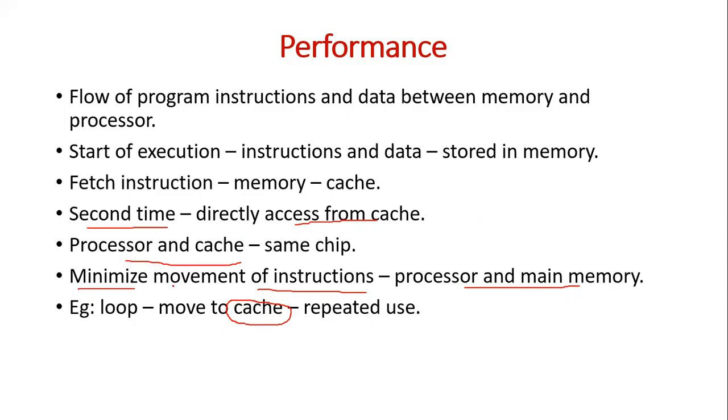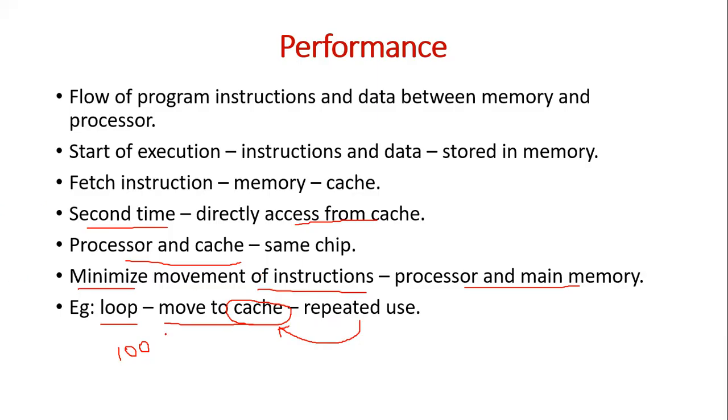For example, in a typical program, if you take the execution of a loop, say a loop is executing 100 times. During those 100 times, it is going to execute the same instructions. So if the entire loop's instructions are moved to the cache, then the processor will just fetch them from the cache. All such instructions which will be repeatedly used should be moved to the cache.